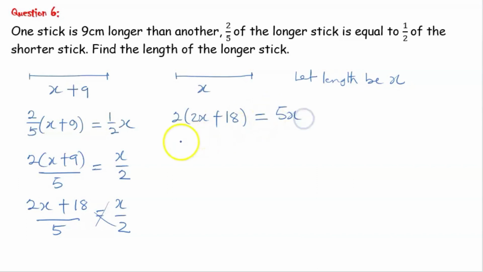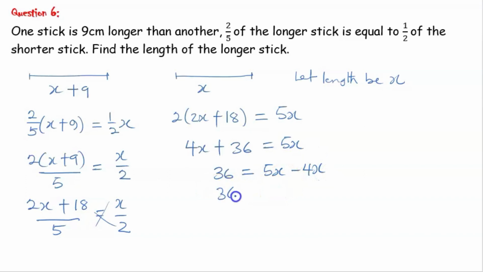If we open this, remove this bracket, you are going to have 4x plus 36 is equal to 5x. All right, so 36 is equal to 5x minus 4x. So we have that 36 is equal to x. All right, so x is 36.